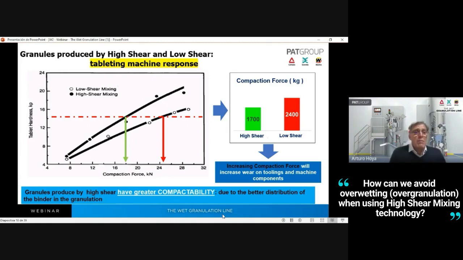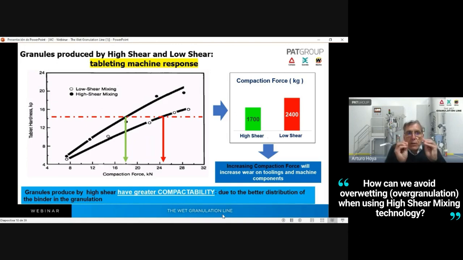Of course. Well, first of all, we have in the bowl a dry mixing and a homogeneous mixing of powder. The first step is homogenization. The second step is wetting.